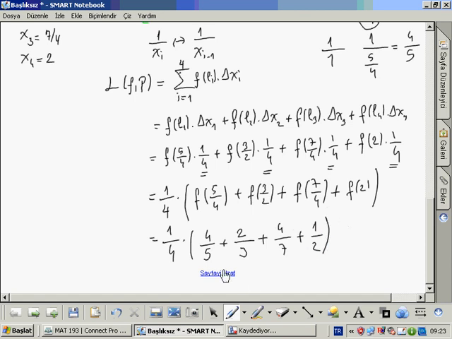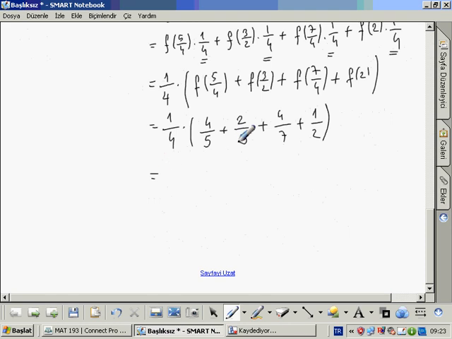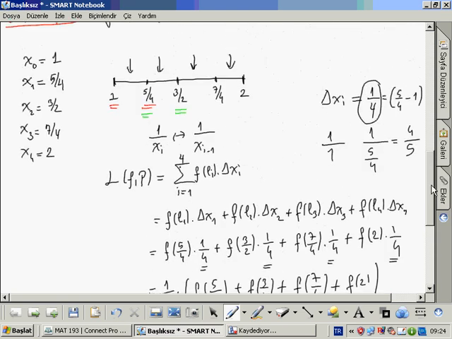And then when you calculate this value, you will obtain 533 over 840, and it's approximately 0.6345. This is the lower Riemann sum.